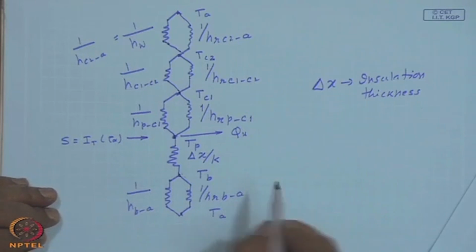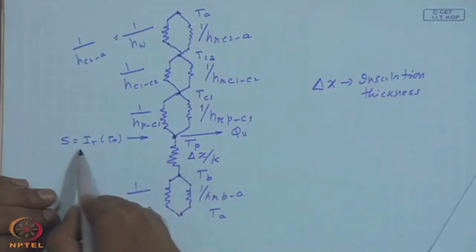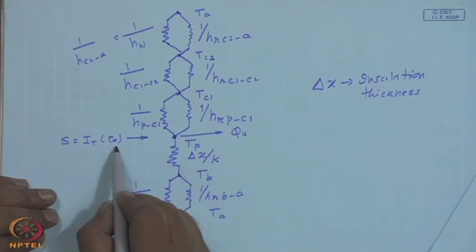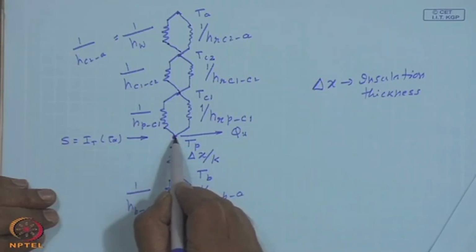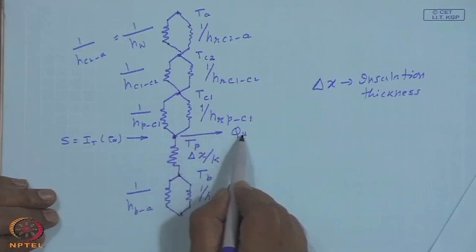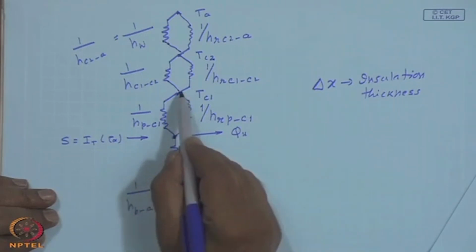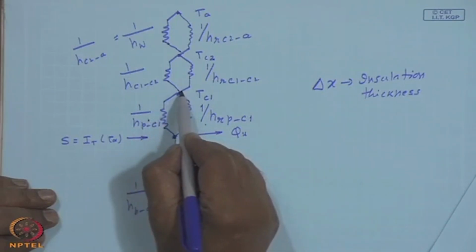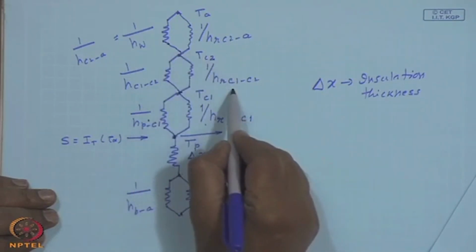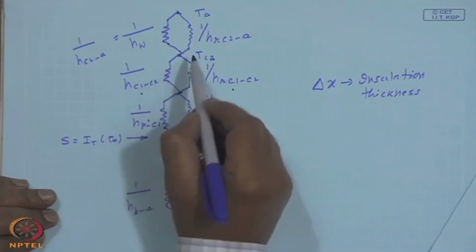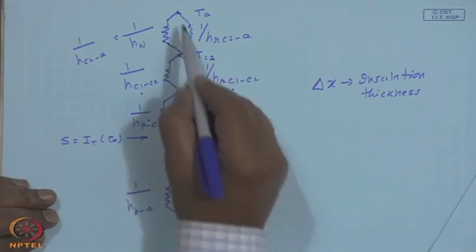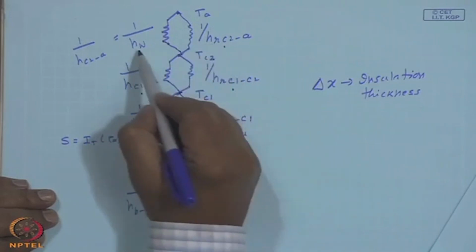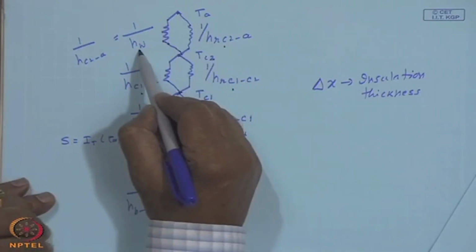Okay. Now, because this is an important thing to understand, let me recapitulate. An absorbed energy of S equal to I t tau alpha is absorbed by the plate at temperature T p, giving out the useful energy gain Q u. The loss will be from the plate to the cover 1 by radiation and by convection, and again from cover 1 to cover 2 by radiation and by convection, and from the cover to the ambient by radiation and the wind heat loss coefficient.